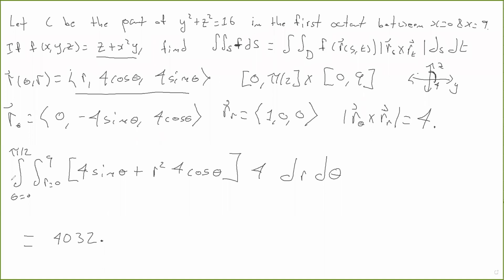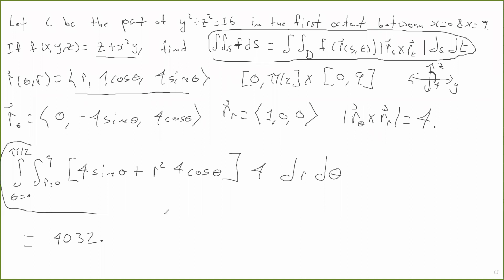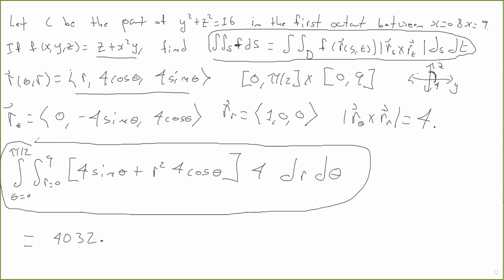Obviously, I'd already done that, but this is an easy integral to do. All right, so again, this is the surface integral. The big thing to remember is this is the formula. The new part in this problem is just getting down to this piece. And now you can do this integral whatever mathematically valid way you want to get to 4,032.